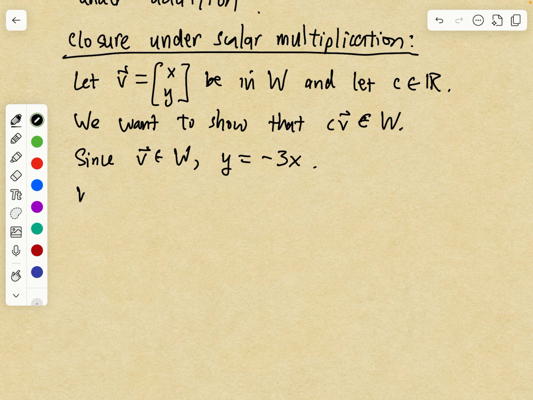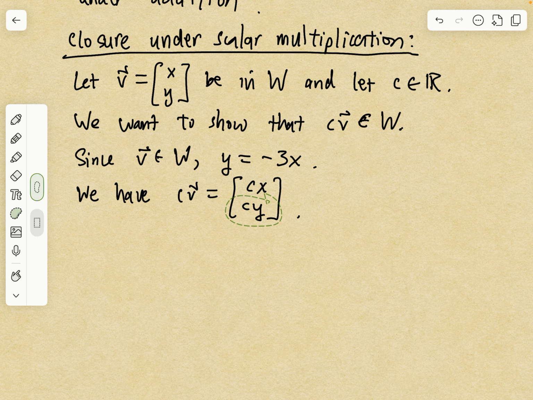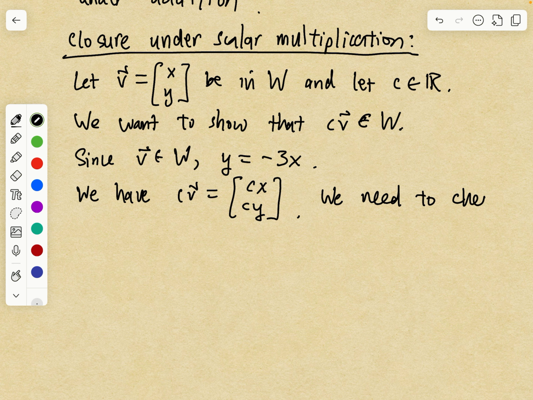And we have cv, this vector is just (cx, cy). Now what do we want to show about cx and cy? What do we need to know about those components to know that cv is an element of W? We need to know that the second component is equal to negative 3 times the first component. So we need to check that.